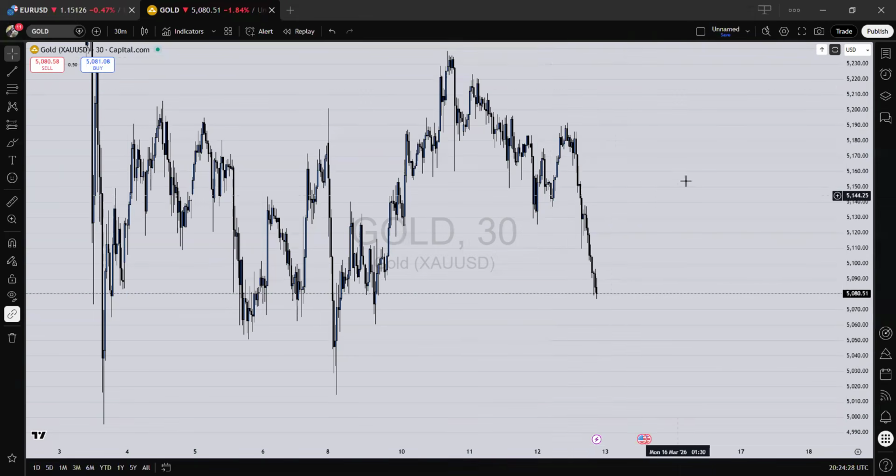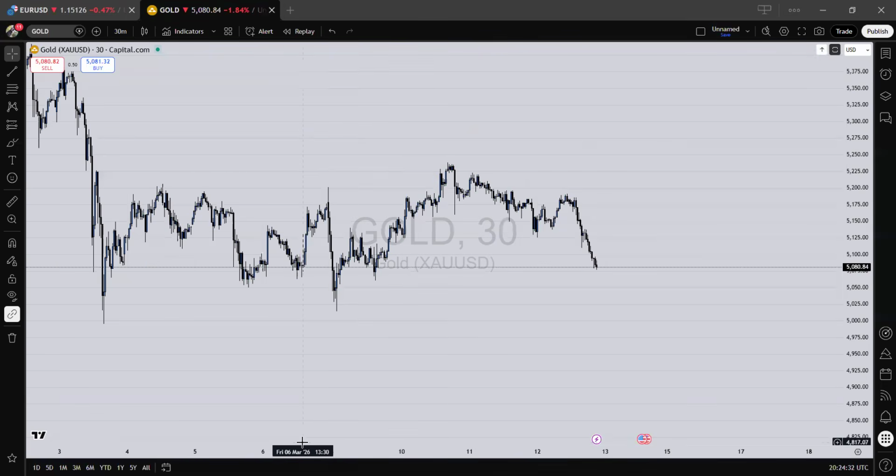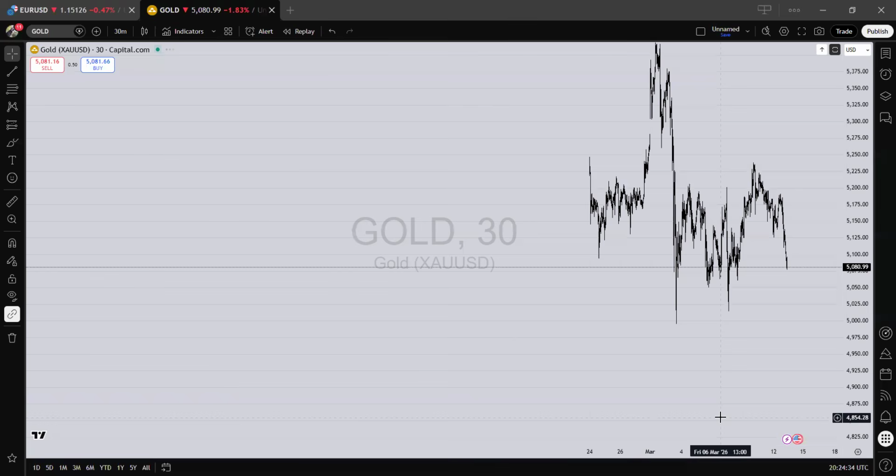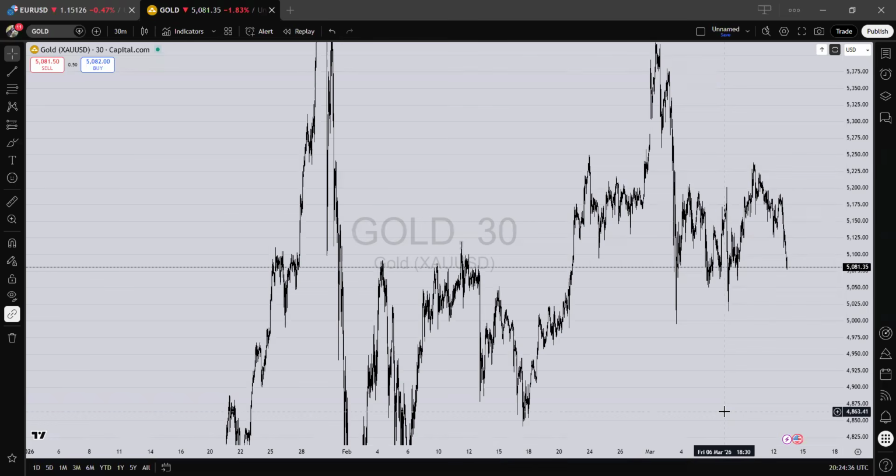In conclusion of the whole gold thing, I want you guys to know that gold moves from liquidity to liquidity. From inducement to inducement, from liquidity to liquidity, from one internal range liquidity to another.